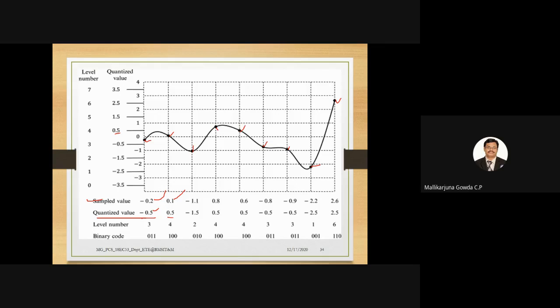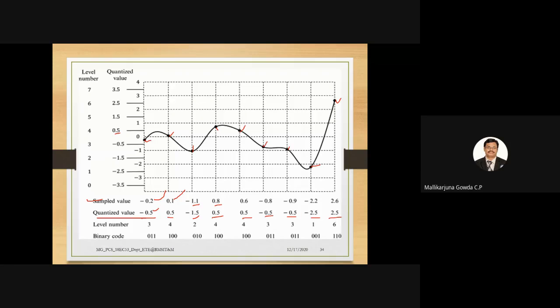Then the minus 1.1 sample value will be rounded off to the minus 1.5 quantized value. Then next, 0.8 is my sample value, that will be rounded off to 0.5. Like that it is done for all other sample values, and these are the quantized values. Then based on this I am writing the level number.